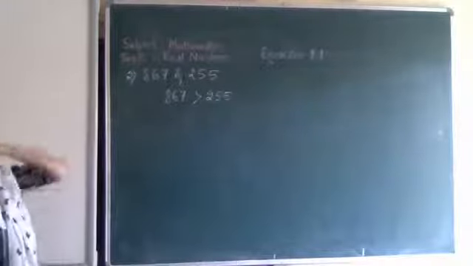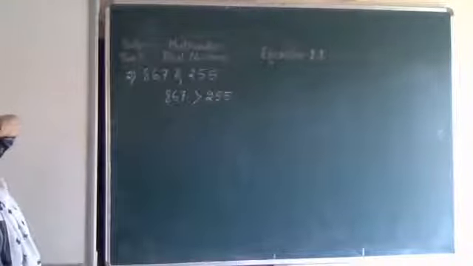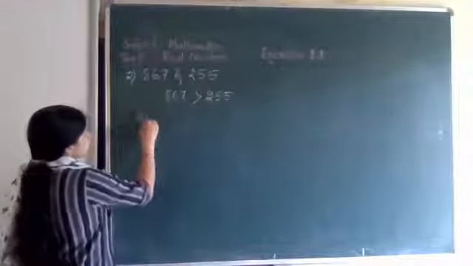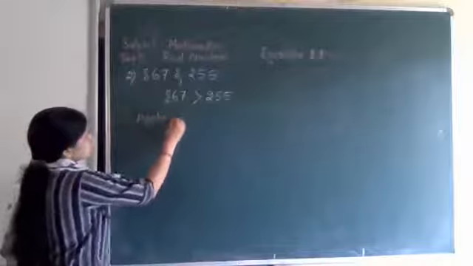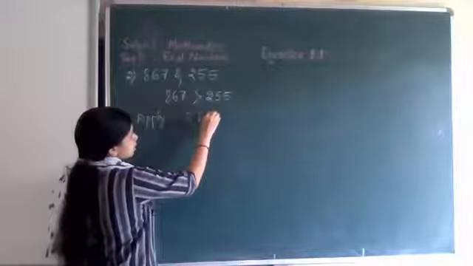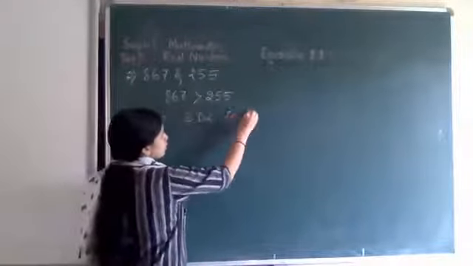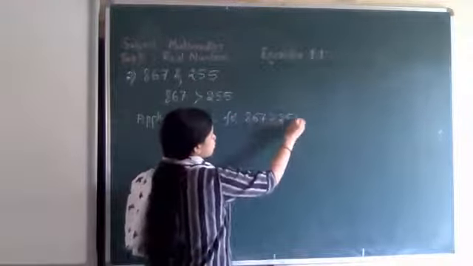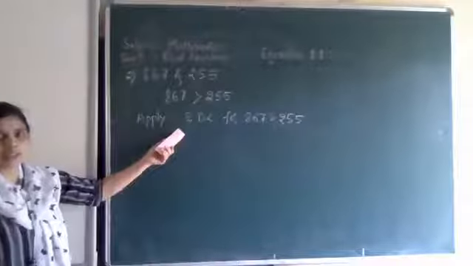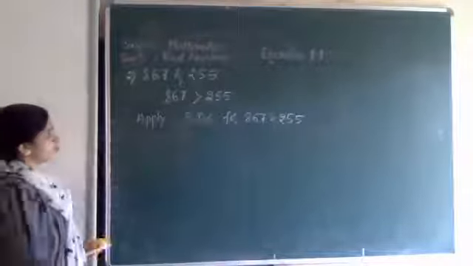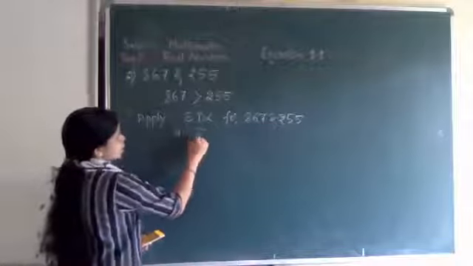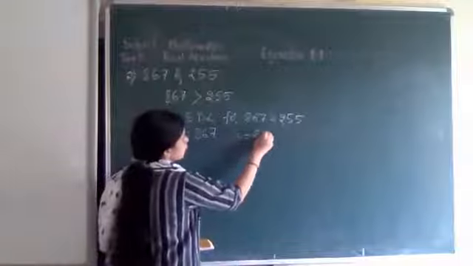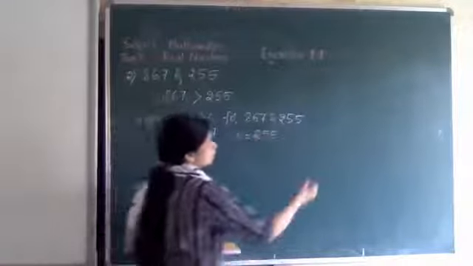Here we have to apply Euclid's division lemma for 867 and 255. Here A is your 867 and B is equal to 255.